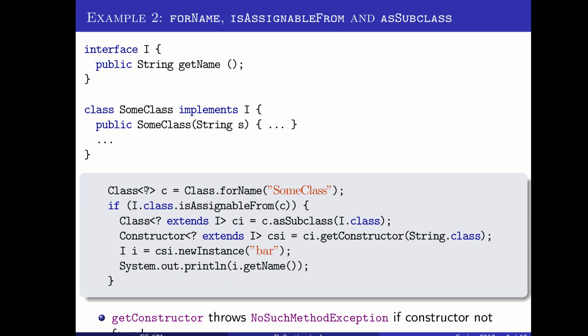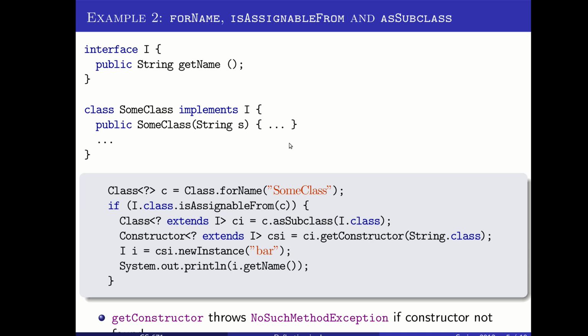I would not be able to say C.newInstance on this side of the equation because I haven't confirmed that C is a subclass of I at the time that I created C. And so I have to restrict it a little bit to be able to do this, or the compiler would yell at me and say that it doesn't actually know if this thing here can be stored in an I variable.